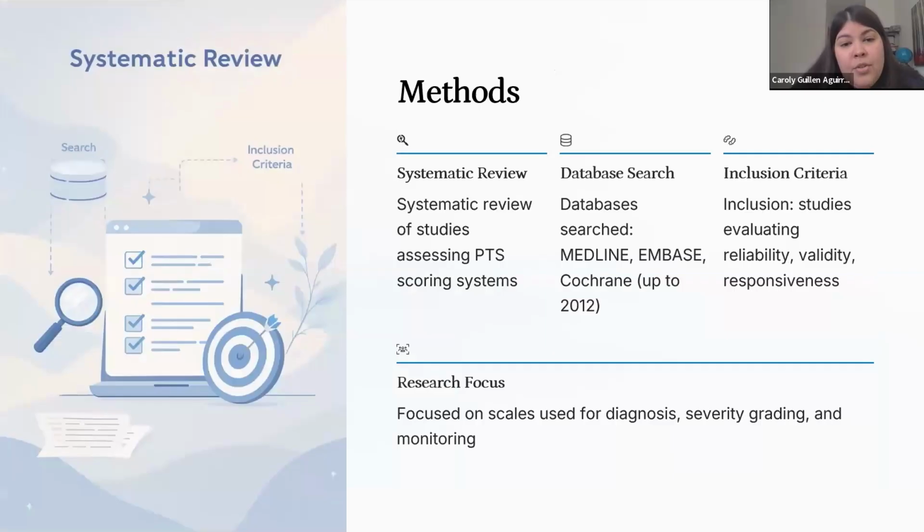It was a systematic review of studies assessing post-thrombotic syndrome scoring systems, a database search using Medline and Embase. The inclusion criteria were studies evaluating reliability, validity, and responsiveness. The research focus was on scales used for diagnosis, severity grading, and monitoring.